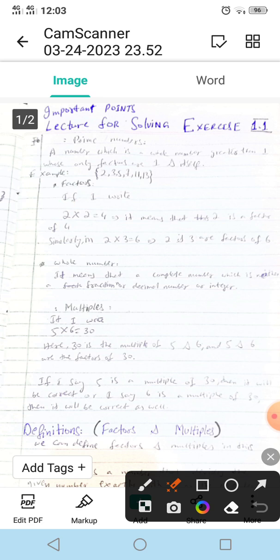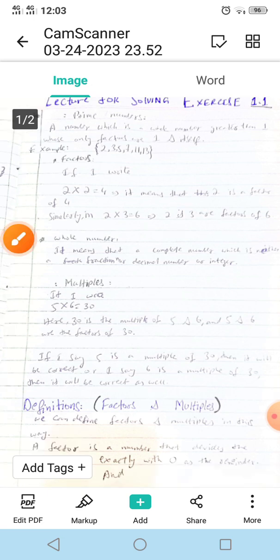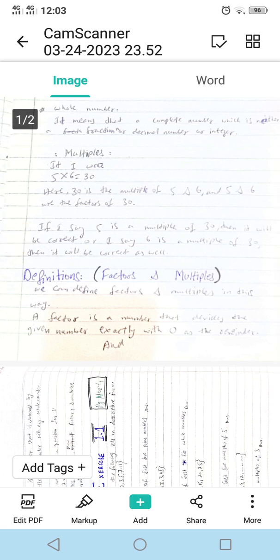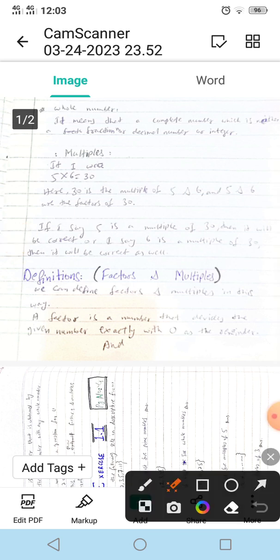We should understand the definition of factors and multiples. So firstly, I want to tell you about the definitions of factors and multiples. We can define factors and multiples in this way.